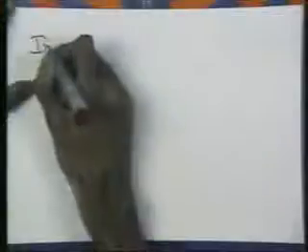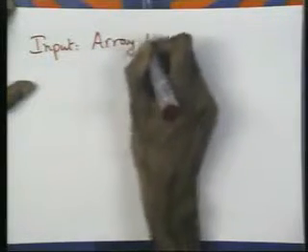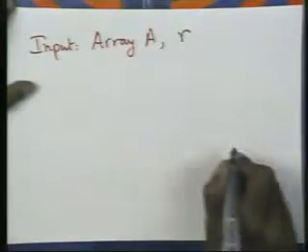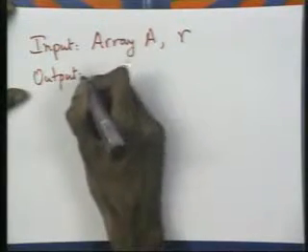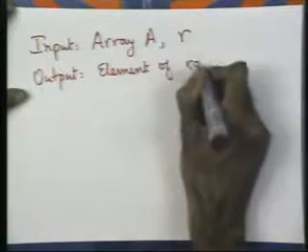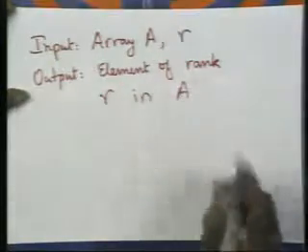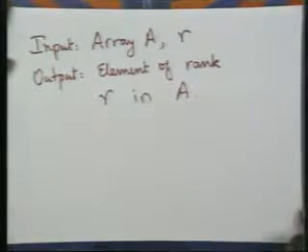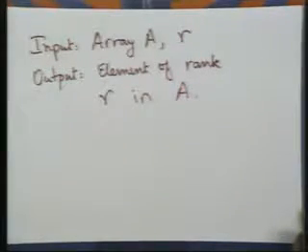The input is array A and R. The output is an element of rank R in A. Now when R is n by 2, we get the median. So this is a more general problem than the one we started out with, and this is what we would like to solve.